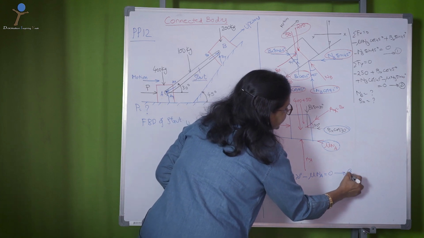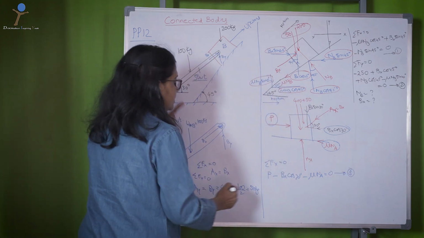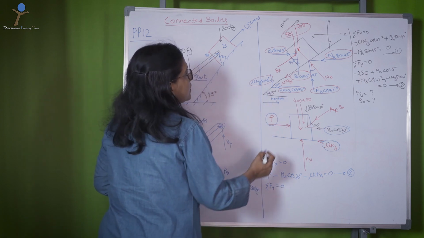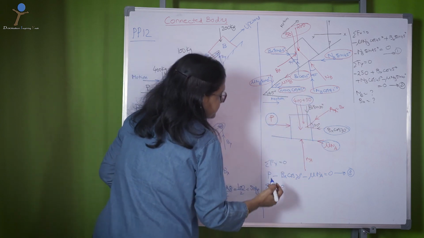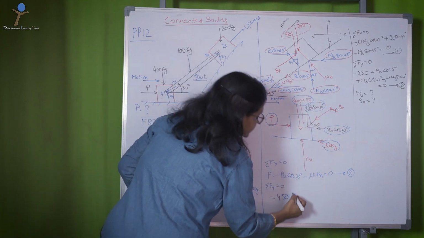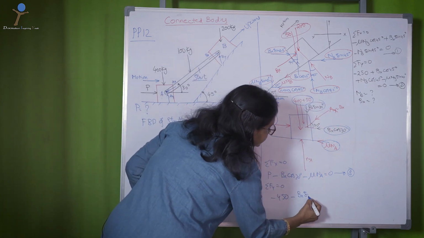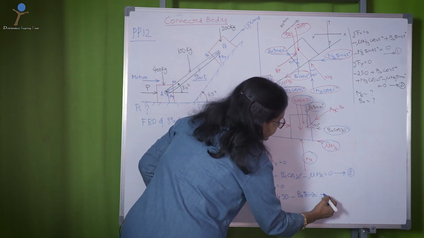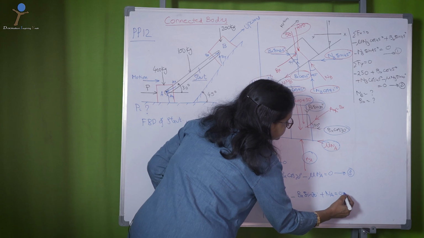This is equation number 3. Then sigma Fy equal to 0: minus 450 minus Bx sin 30 plus NA equal to 0.